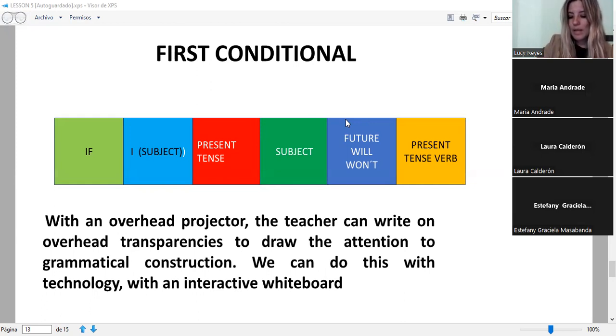In the morning, in the afternoon, at 7 o'clock, every day, every morning. Okay, you can write it like you have on the screen, time expression at the end of the sentence. I have them put the time expression at the end, right? This is the first conditional example.